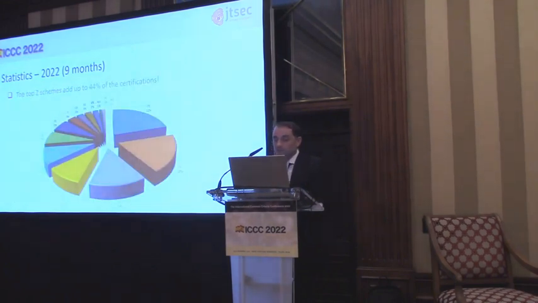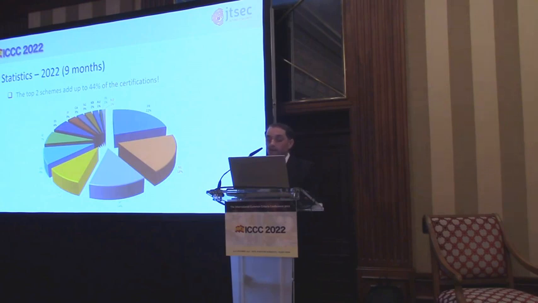The next statistic that I would like to show is the percentage of certifications per scheme. The top 2 certifying schemes, Netherlands and France, are far from the rest, and they sum up to 40%. There's a typo in that number. It's 40%. And if we add Japan, which is in the 3rd position this year, the top 3 together add up to 54% of the total statistics.